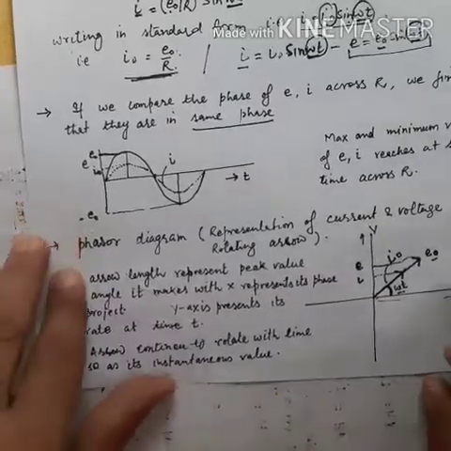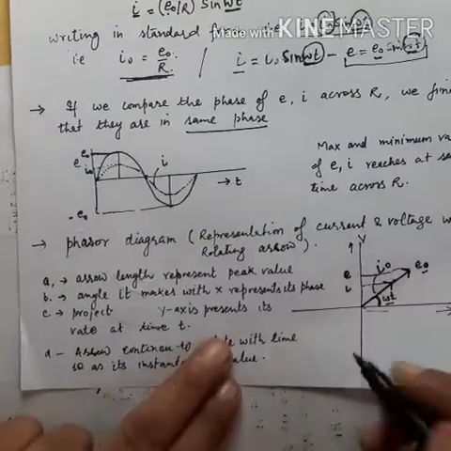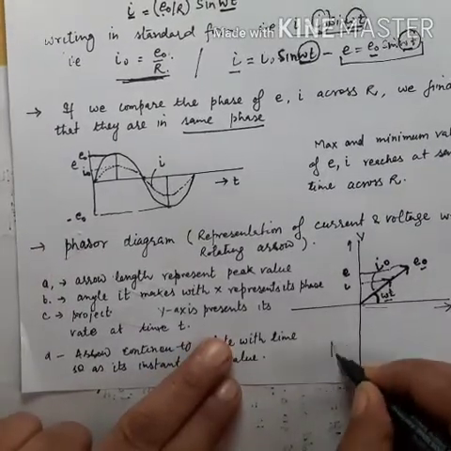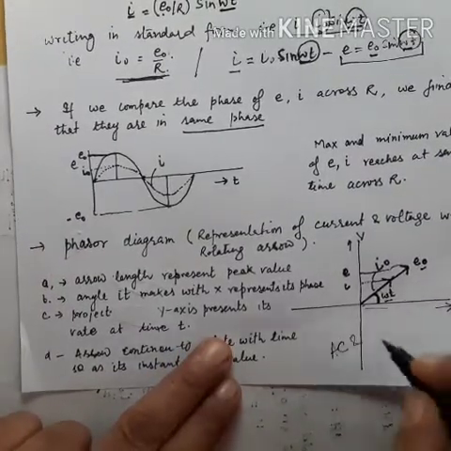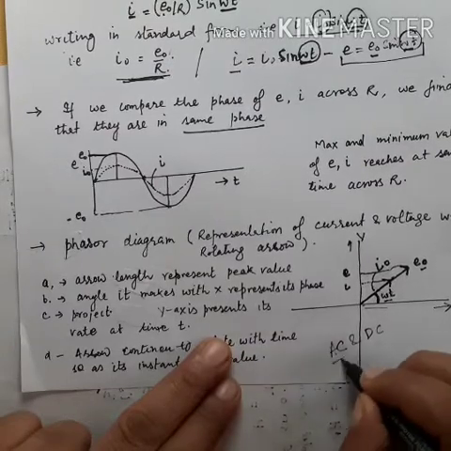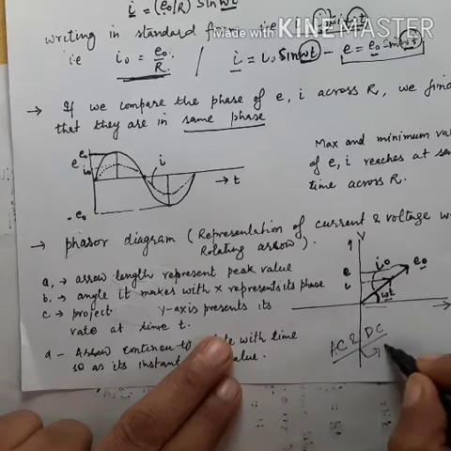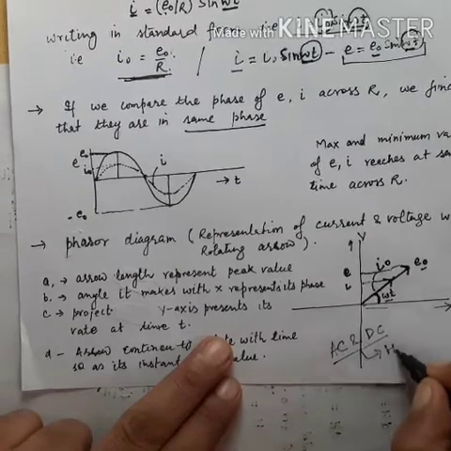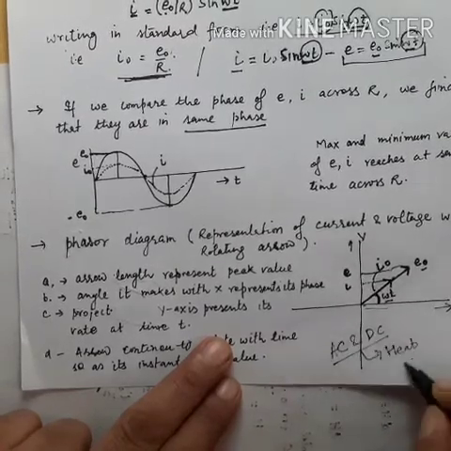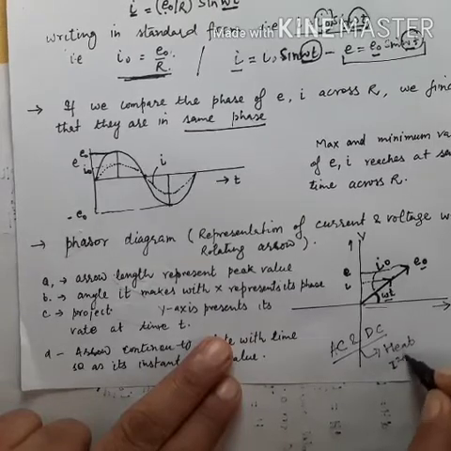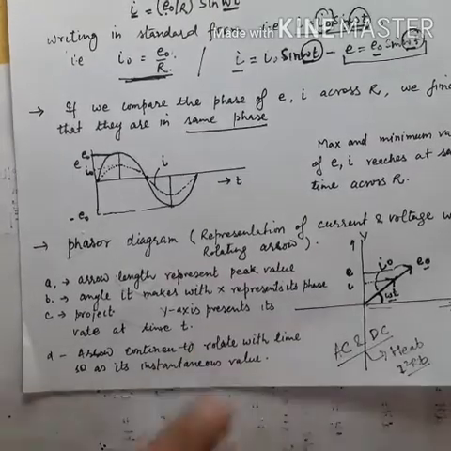Further, we observed that whether you feed AC or DC, in both cases the end result for the resistance is to produce heat, which is equal to I square R T. Thank you.